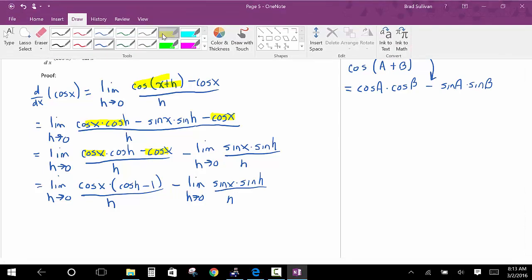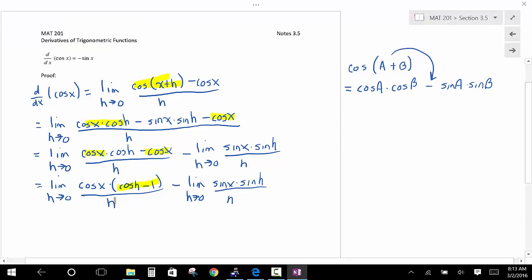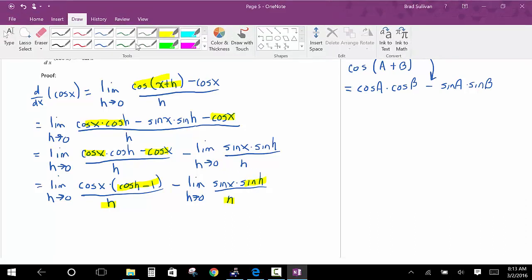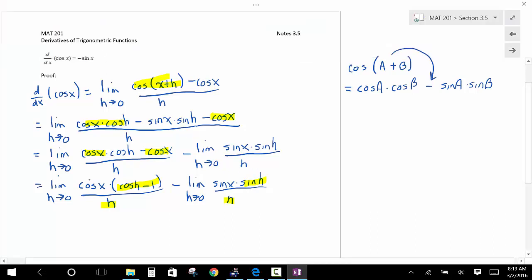Now, here's what you really want to see in this problem. We talked about these limits right here. We did that limit last class, and we also did this limit right here. So we know what those limits are. And what you can end up doing, like on the last problem, is see, the cosine of x can be thought of as a constant because it's a different variable. We're not taking the limit as x goes to 0, so that can be pulled out. Same thing over here, the sine x can be pulled out.